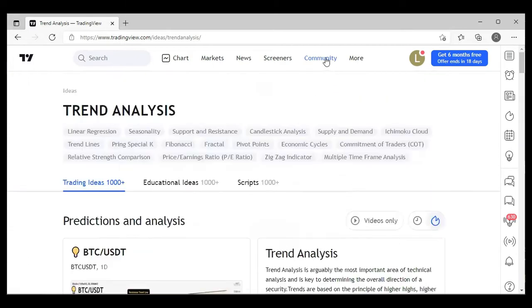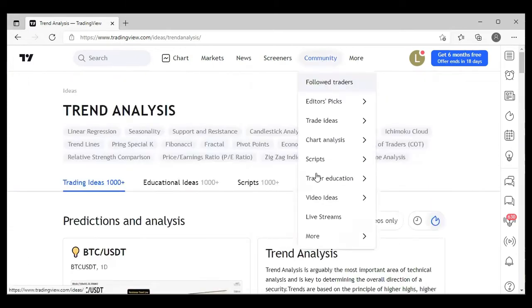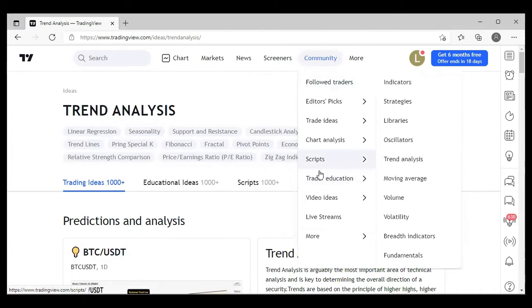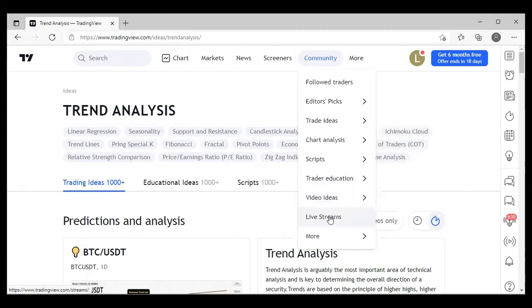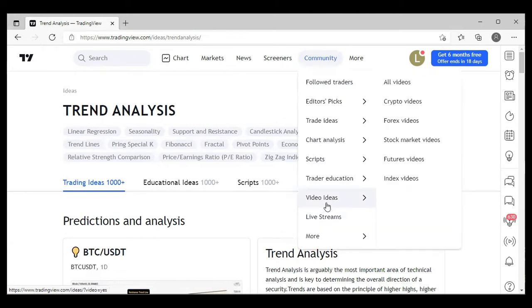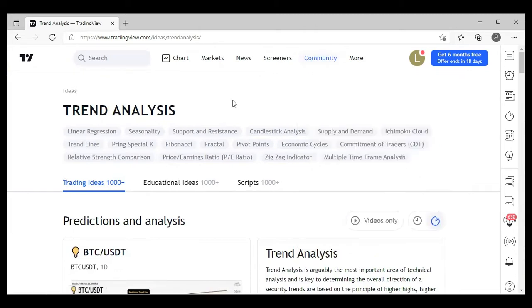And then we have scripts, trader education if you want to learn some more, video ideas if you want to watch some stuff. Sometimes there are live streams that happen during the week, and you can tune in and just keep on learning, because what I keep on saying about the Forex industry is you're always a student.